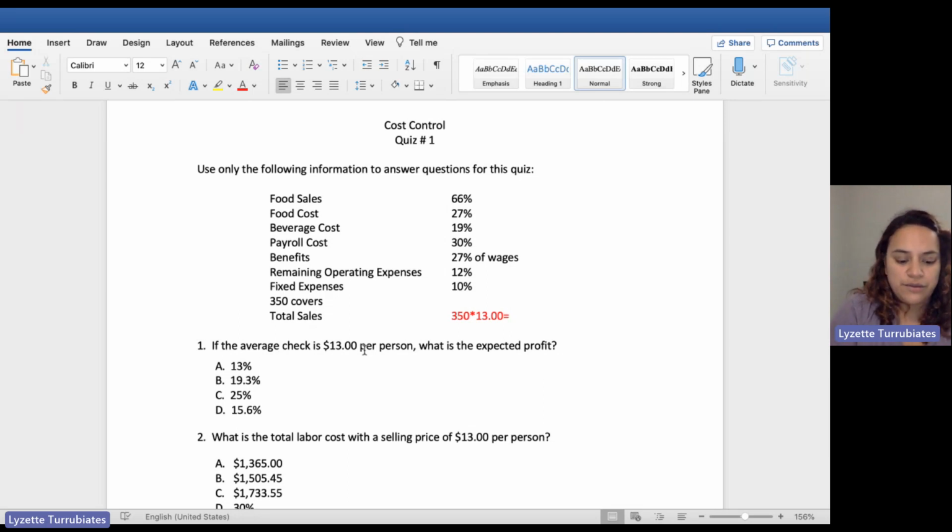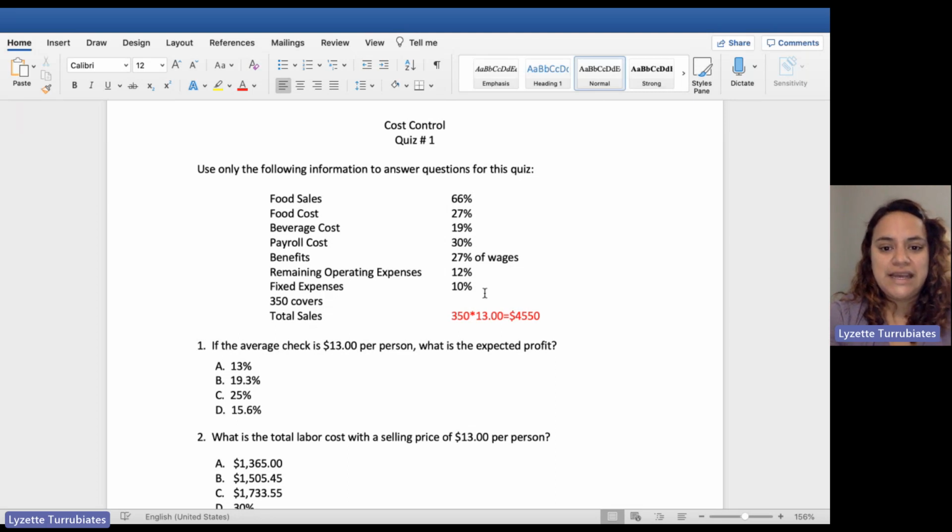So here's where you want to have your calculator so you can help calculate these things and practice on your own. So 350 times 13, that's going to give us our total sales, which would be 4,550, right? This number is really important because we're going to use total sales to calculate pretty much everything here.